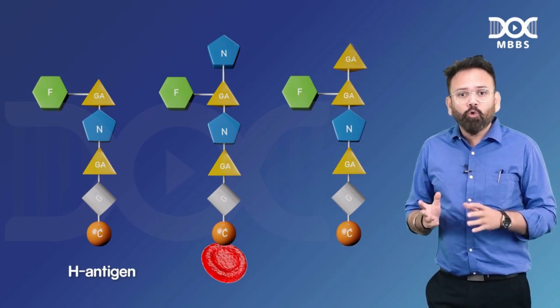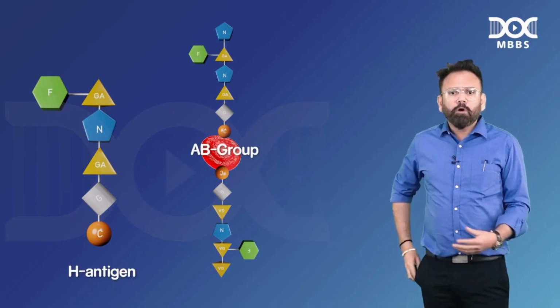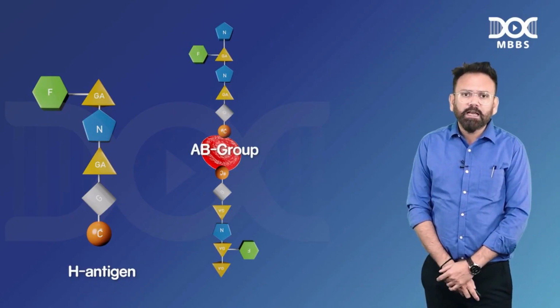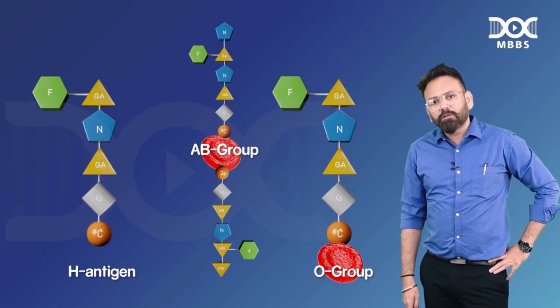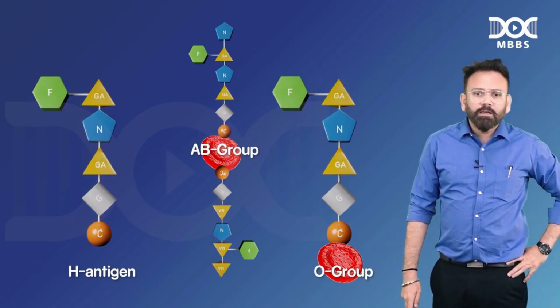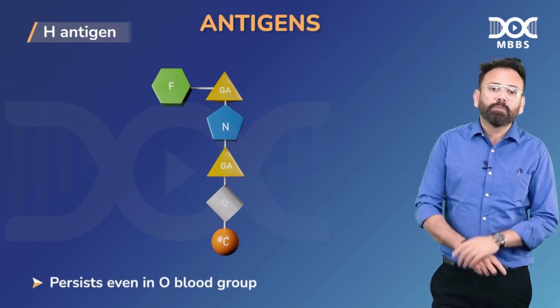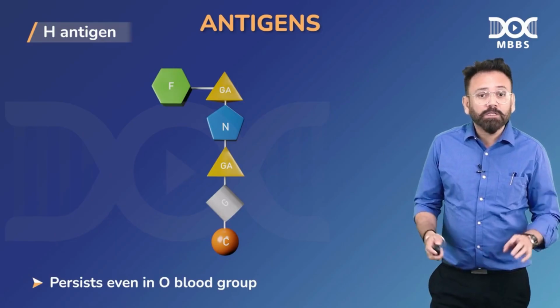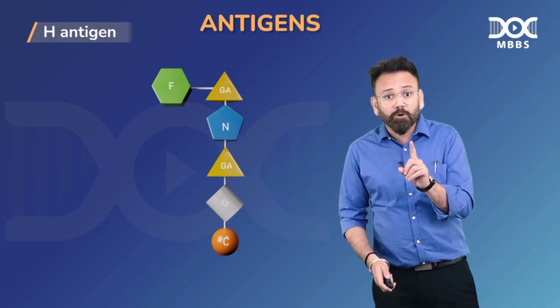An individual who has both of these is AB blood group, and the individual who has none of these antigens is called O. But do you think H will be there or not? This is your MCQ, your Viva question. Yes, doctor, the H antigen persists even in O blood group. Try to understand this point. This is a very important point. Normally we see A blood group, B blood group, O, but we forget about the H.